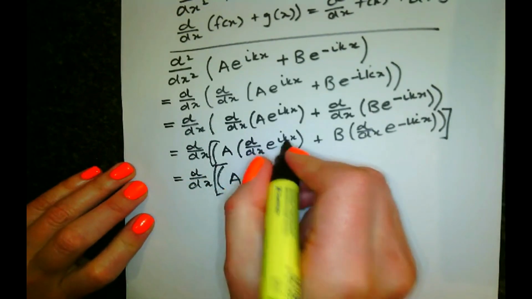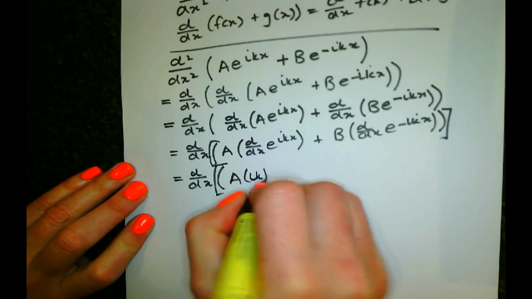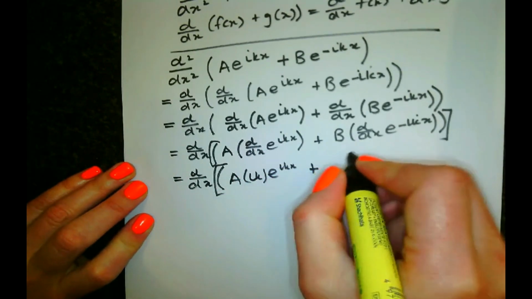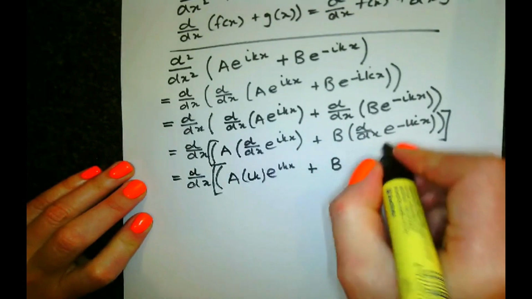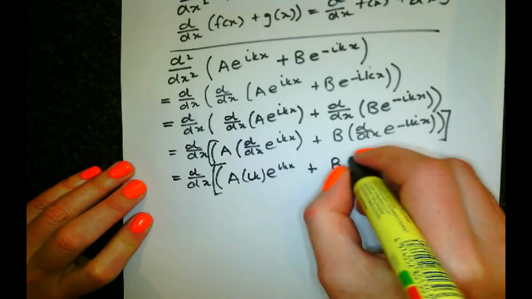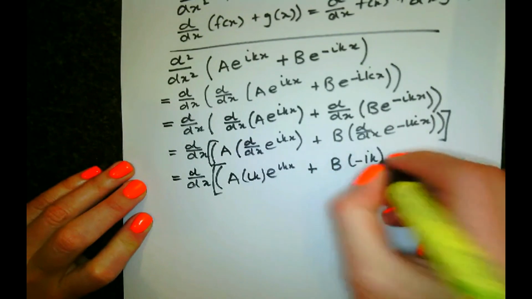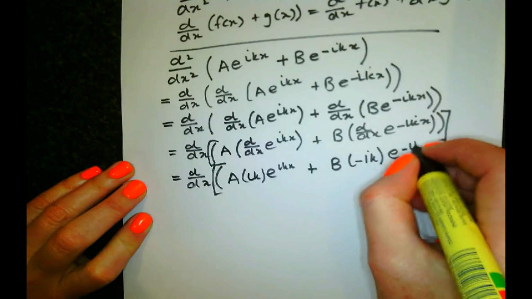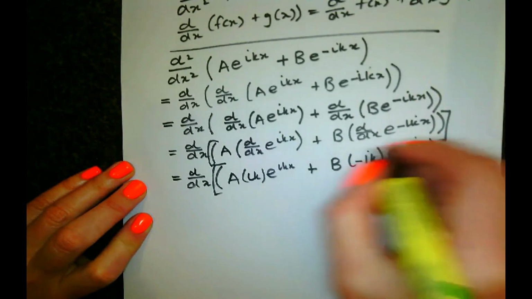d/dx of e to the ikx is ik e to the ikx, plus, in that case, d/dx of minus e to the minus ikx would be minus ik, because that's our constant, e to the minus ikx.